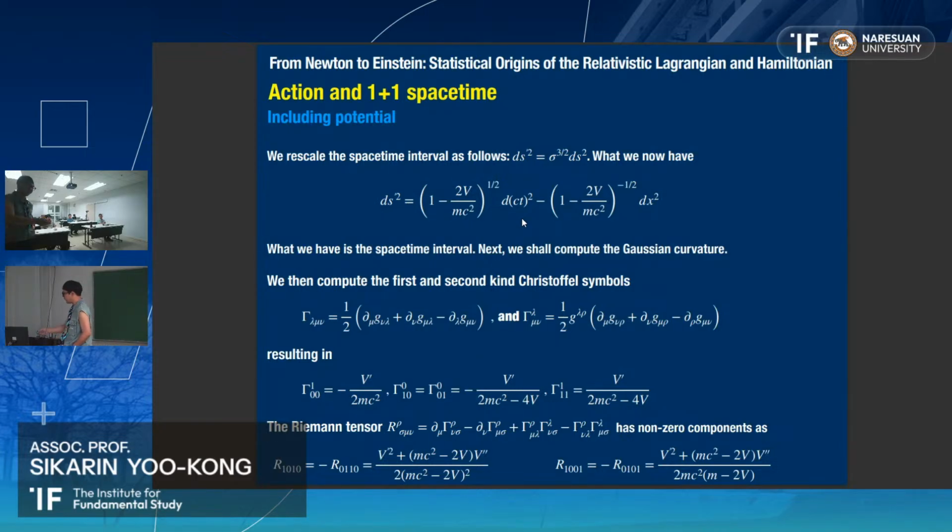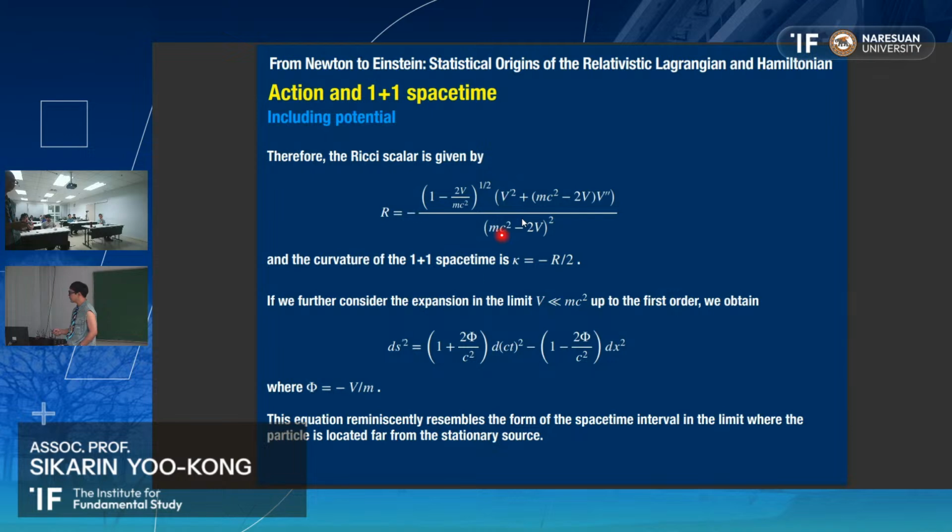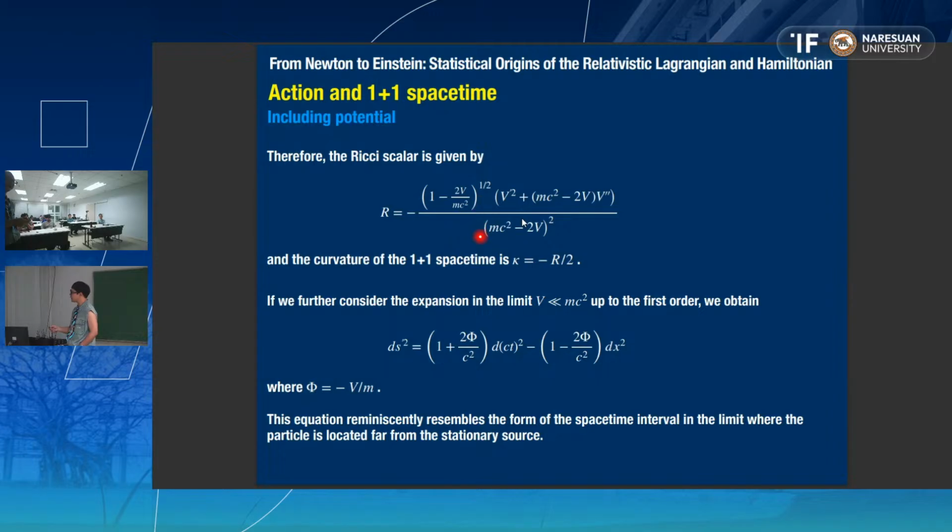And then we find that the Gaussian curvature for this situation can be expressed in this way, right here, which depends on the potential function in your Lagrangian.